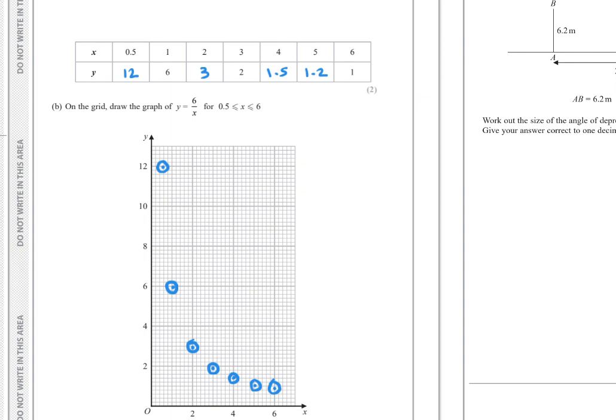Now draw a smooth curve. So this is our graph.